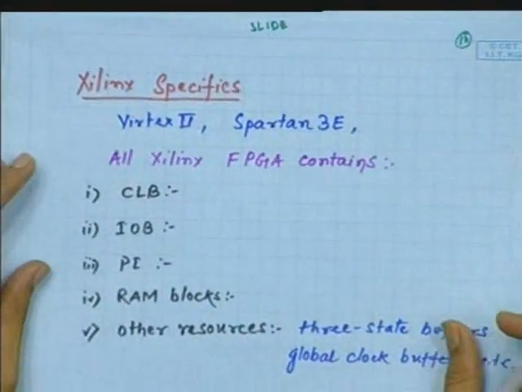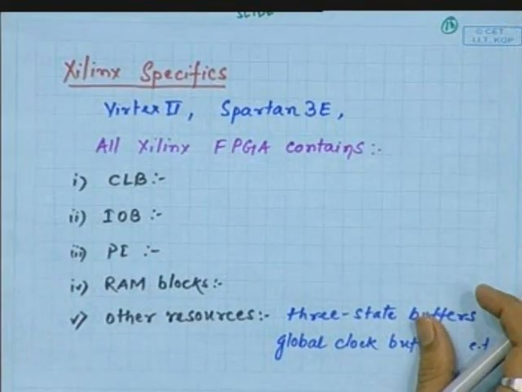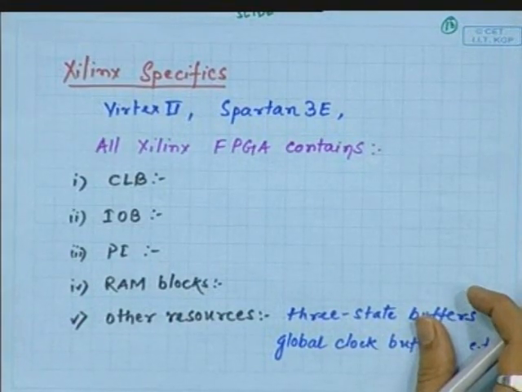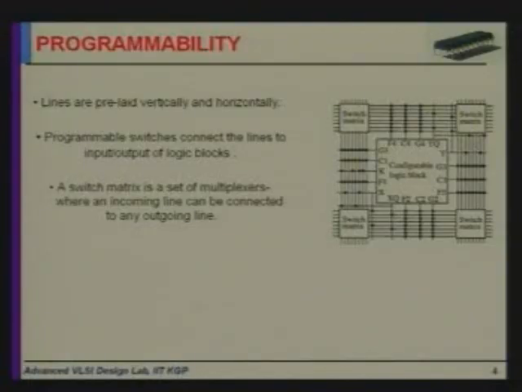Now we will look into one of the vendors, Xilinx. But before going to it, we have to look into something about the programmability. We have seen that beside the CLBs there are some interconnect lines.